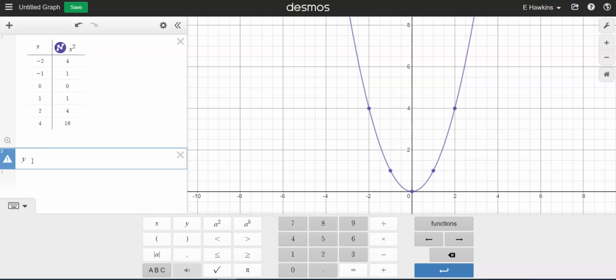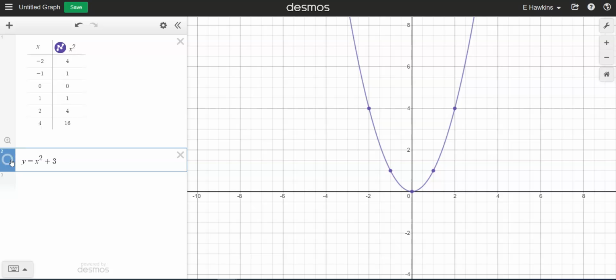Now, notice again, if it's outside of the parentheses, then the graph is just going to rise.